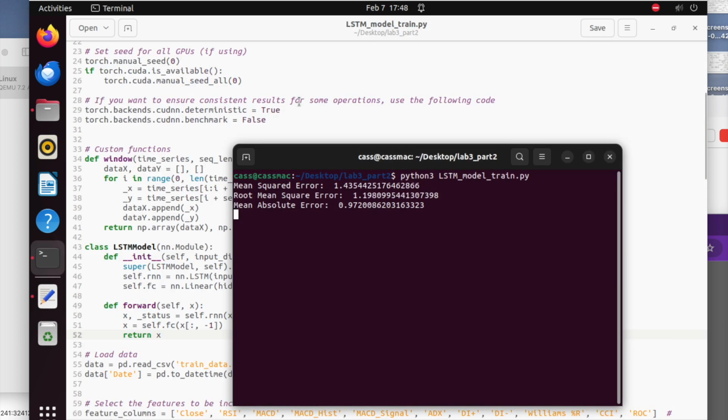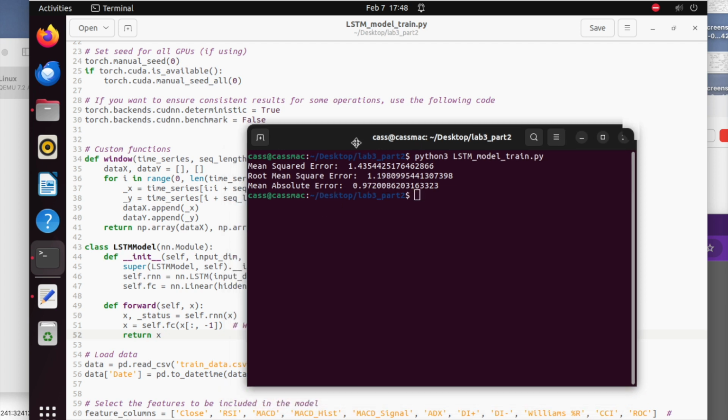We can close the diagram, and this will also print the accuracy metrics of the model, like the mean squared error, the root mean squared error, and the mean absolute error. So this is all for the LSTM model train.py file.